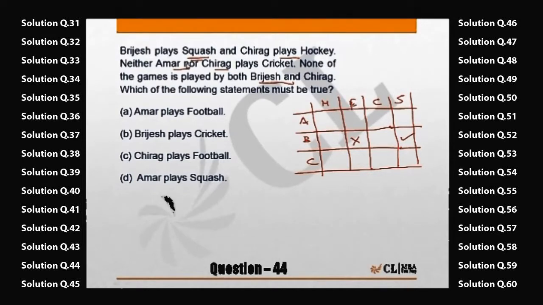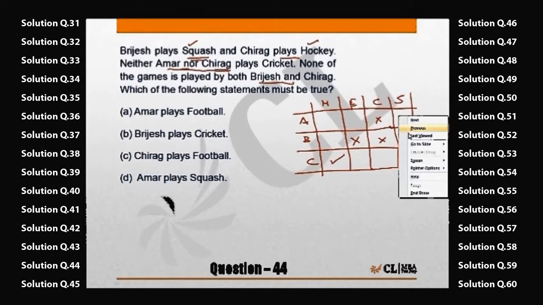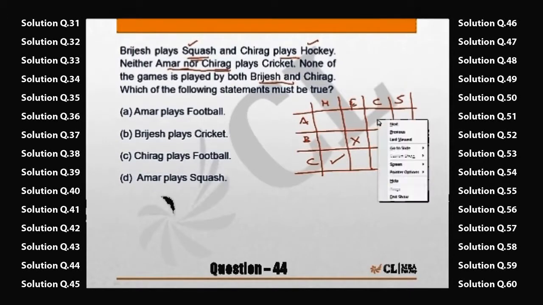Second thing it says is Chirag plays hockey. Great. Neither Amar nor Chirag play cricket.